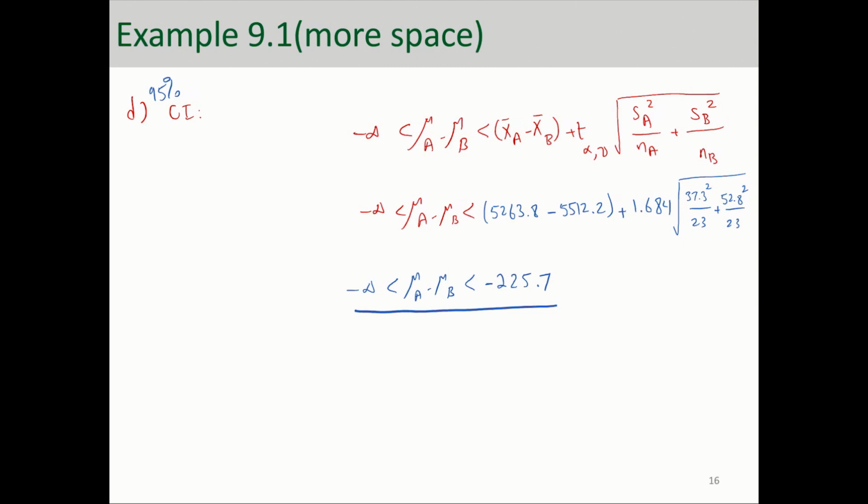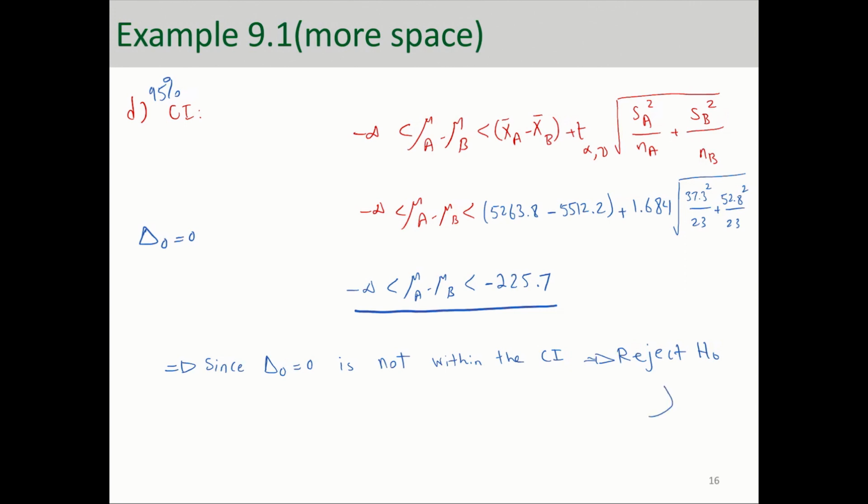The difference is on the negative side, implying that supplier B is larger. How do we make a decision here? Well, you look at your confidence interval and see if delta naught is in there. Delta naught in this case, and in most cases, is 0. It is not in the confidence interval. So what we can say is, since delta naught of 0 is not within the confidence interval, we reject the null hypothesis.